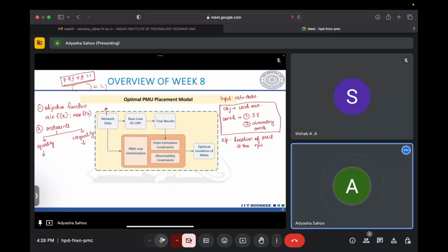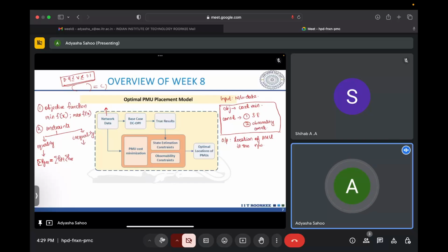Your power balance equation ensures that the summation of the generation, P generation, must match the load demand plus the losses in the system. So this should exactly match. This is the type of equality constraint.